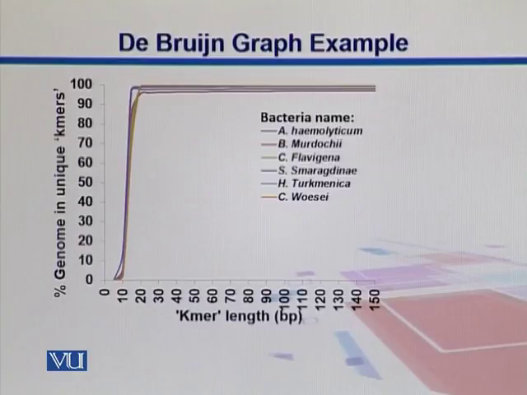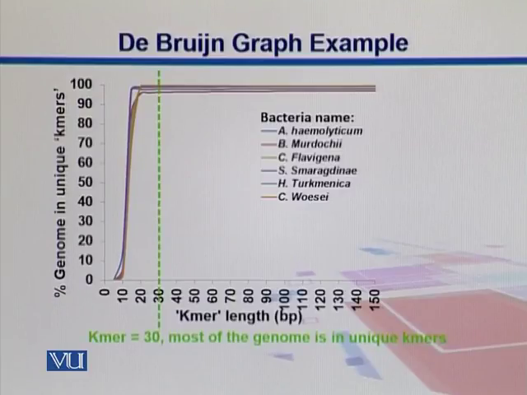Let's look here. We have some different bacteria. They tried different k-mers, and the percentage of the genome they got in unique k-mers is something like this. When they increase from 0 up to 20, they can capture most of the genome while increasing the k-mers. Up to k30, most of the genome is in unique k-mers.